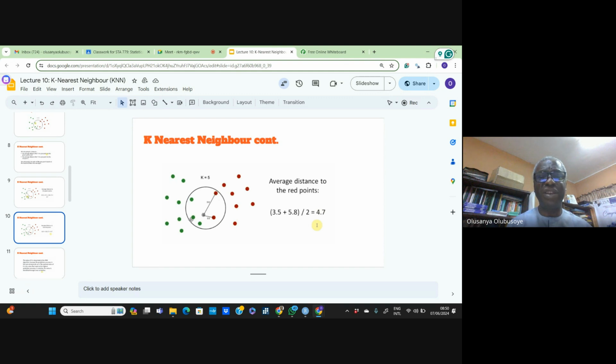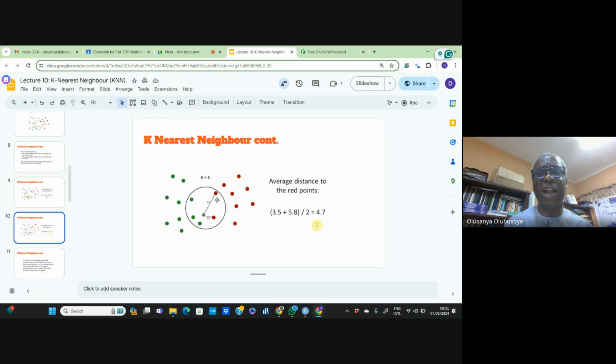In fact, if you look at this now, suppose this pink is even very close to this place. The measure might even be, even though you have only 2 here, the average might be smaller than the previous one, than the average from the green.